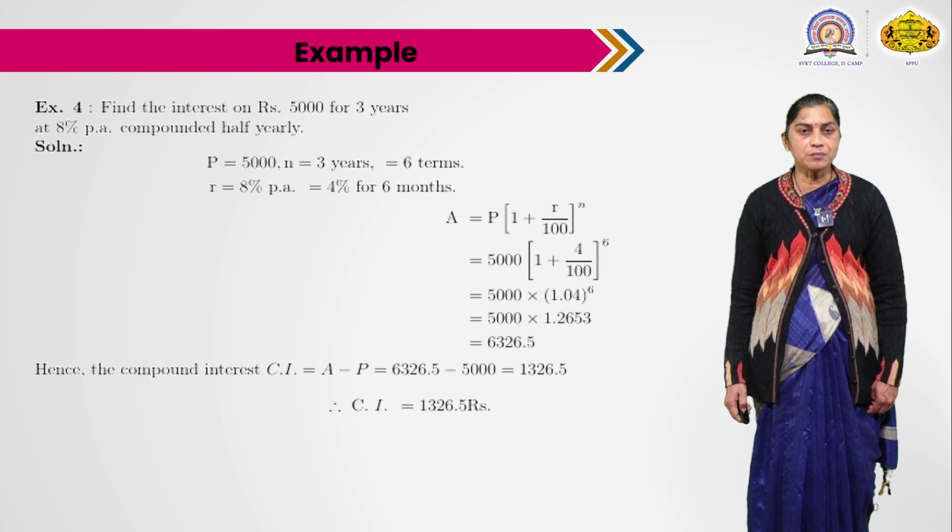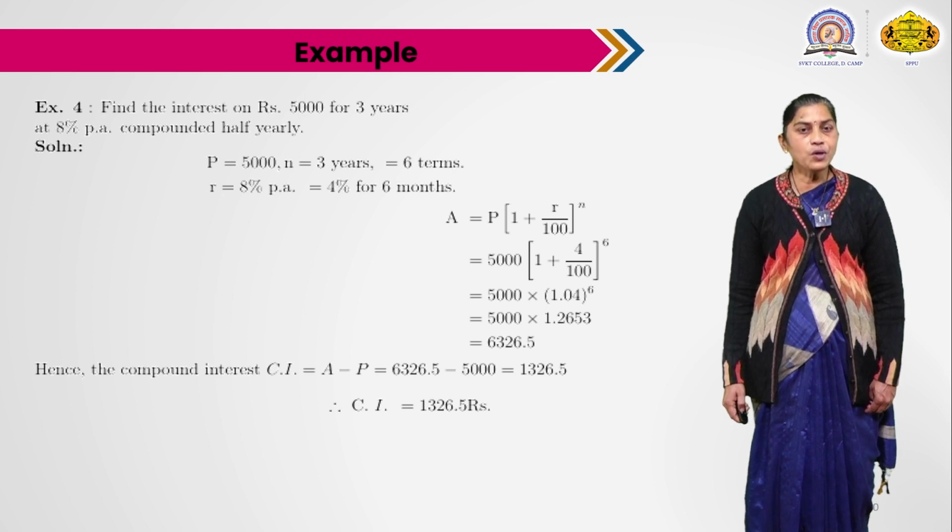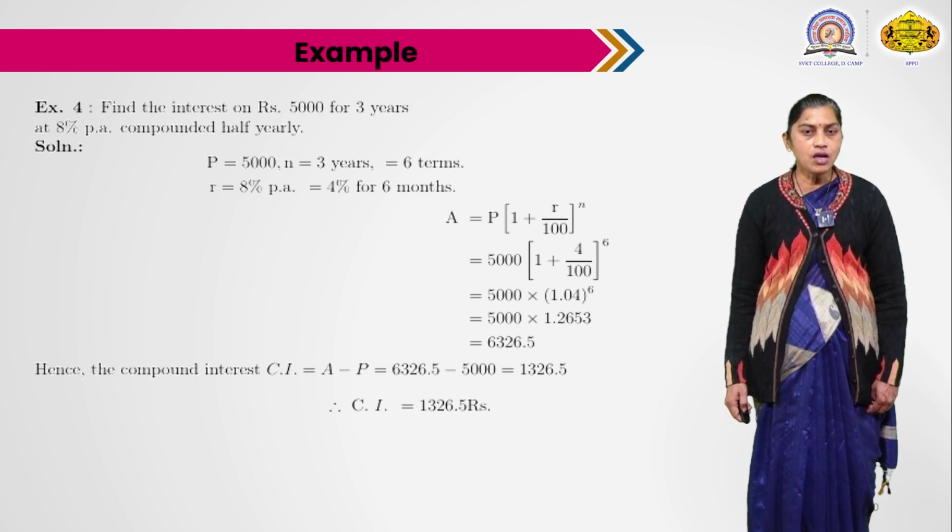In this example, the interest is compounded half yearly, and therefore P given here is 5000 rupees, N is 3 years, but because it is compounded half yearly, we have N equal to 3 into 2, that is 6, and therefore N comes to be 6.